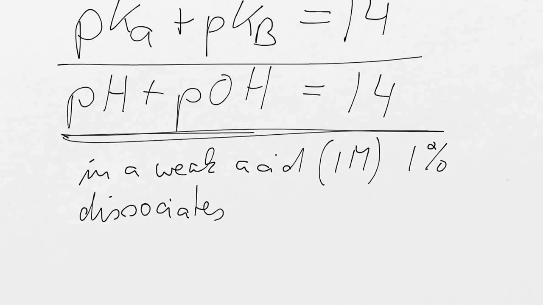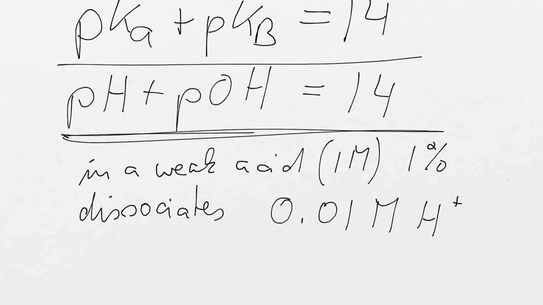And Anton did that already earlier. He said it is 0.01 molar. Sorry? That can't be our pH because that's a pH of 2. So that would be our pH of 2.